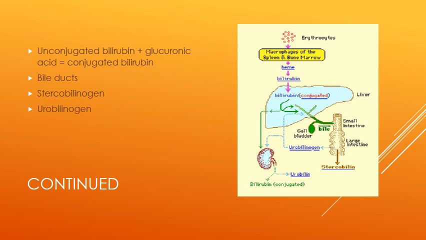And we like our bacteria in our intestines. They're big helpers with that. The stercobilinogen is going to be excreted into the stool. The intestines are going to reabsorb a small amount of the urobilinogen, and then that's going to be filtered out through the kidneys.